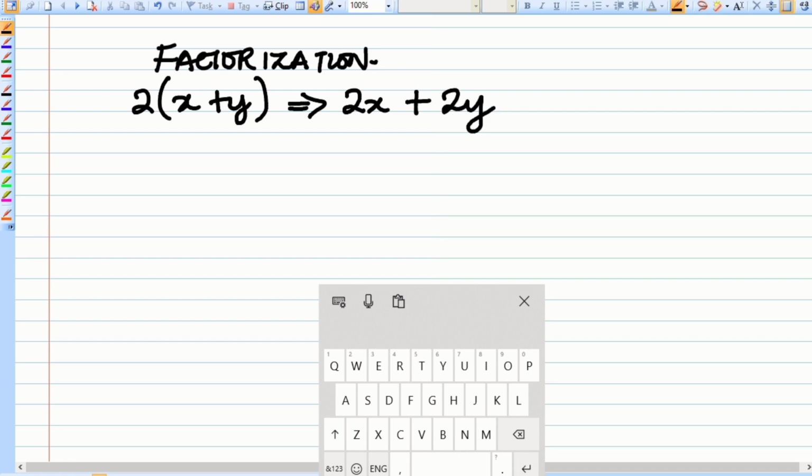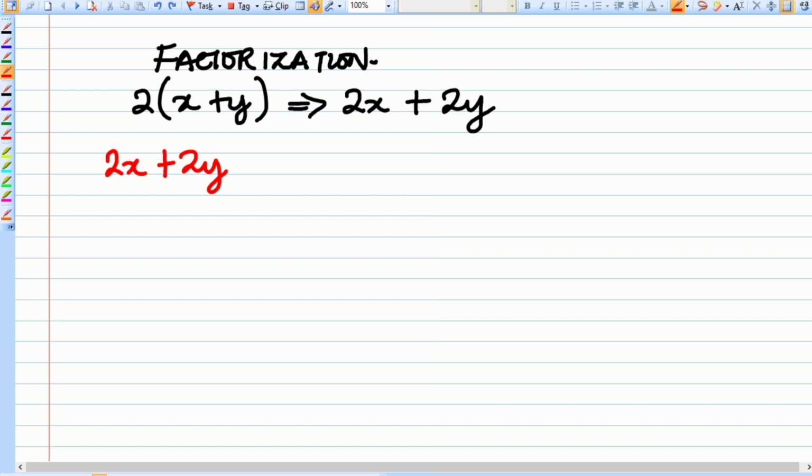So we've expanded. Now, what I'm saying is that if we factorize 2x plus 2y, we're going to get back 2 bracket x plus y. So that's what factorization is all about. When we factorize, we get back our original expression before we expanded.